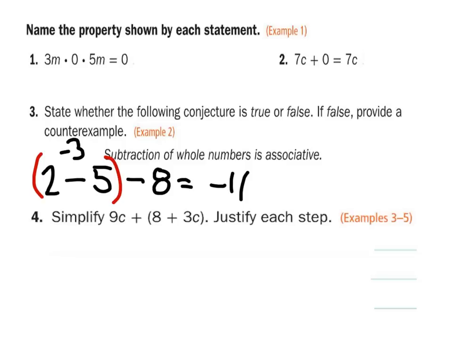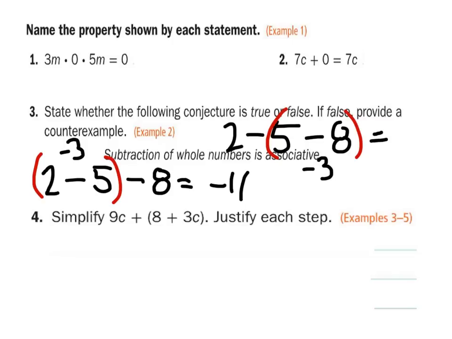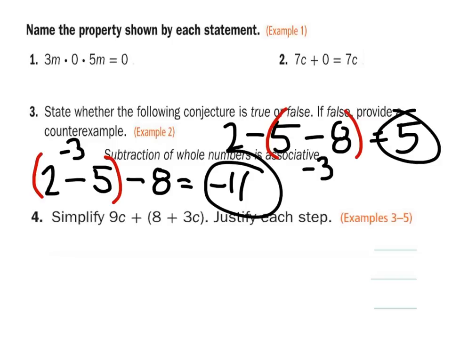Well, let's move the parentheses without changing the order. So 2 minus 5 minus 8. But again, I'm going to move the parentheses right here. So 5 minus 8 is negative 3. 2 minus negative 3 is a positive 5. Is this equal to this? No, it is not, so this one is false.